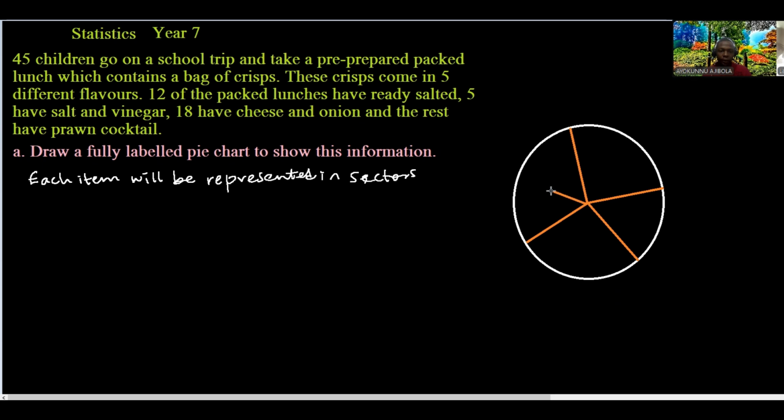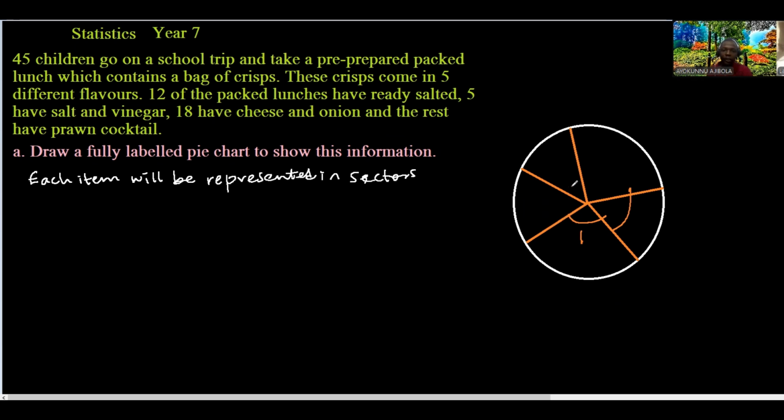Is that clear? But I cannot just begin to give angles. We need to find out the angles first, because we might not be right by just giving all of these angles as one, two, three, four and five.